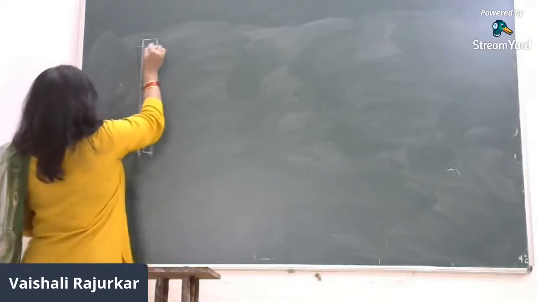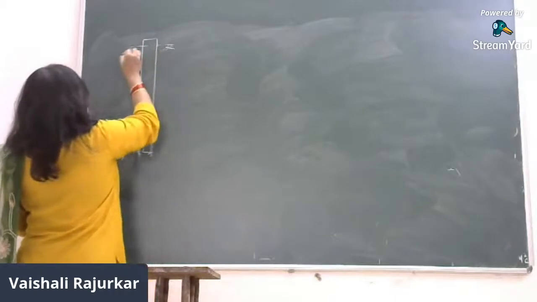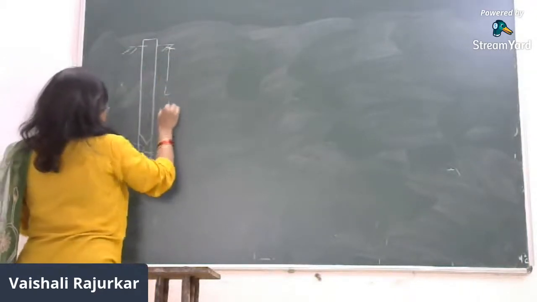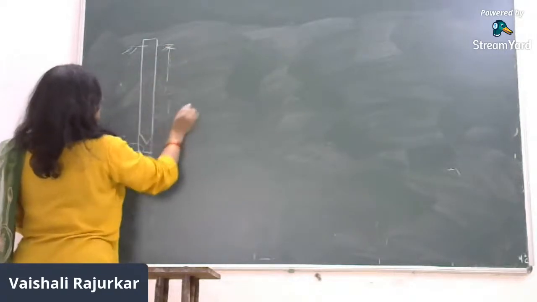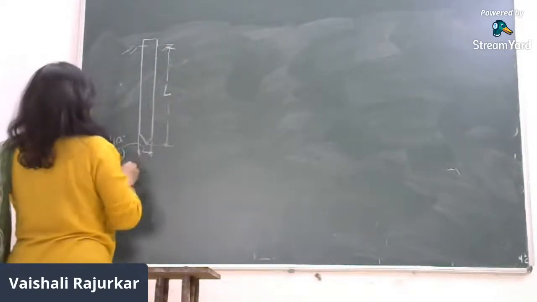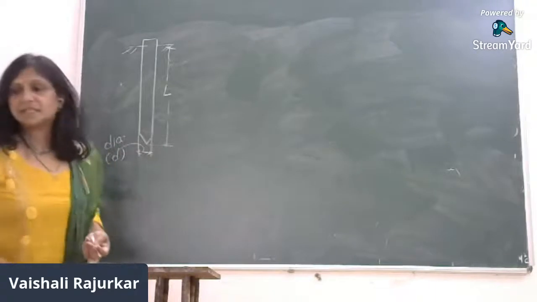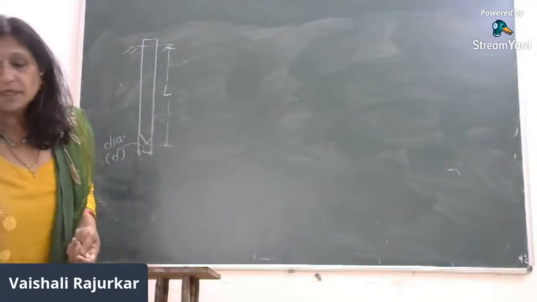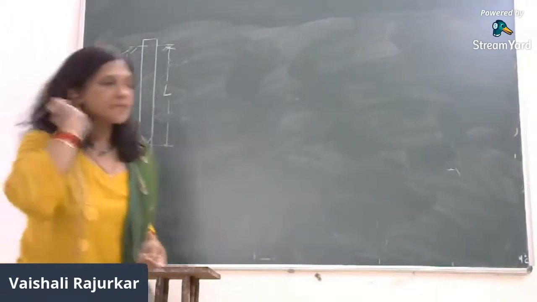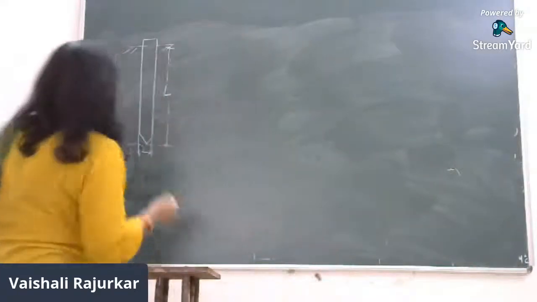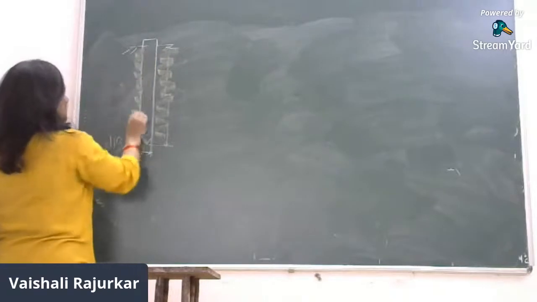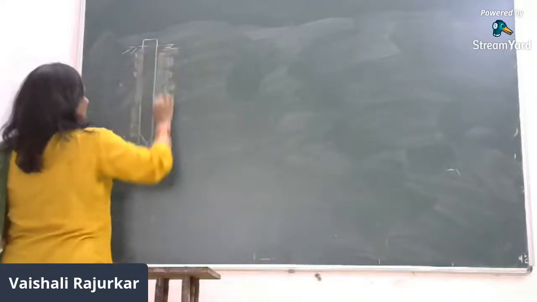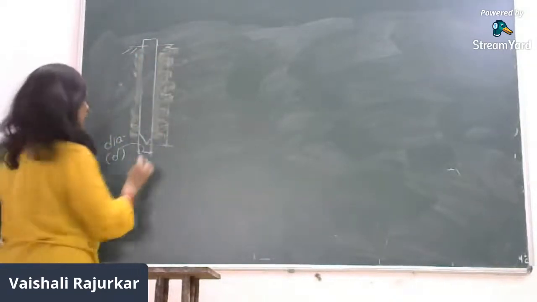Then the length of the pile, suppose this is the ground level. So this is the length of the pile which we are taking into consideration. Here there is some slope. So this is L, and this pile is being surrounded by the soil. This is the soil which is available over here, and this is the soil which is available.